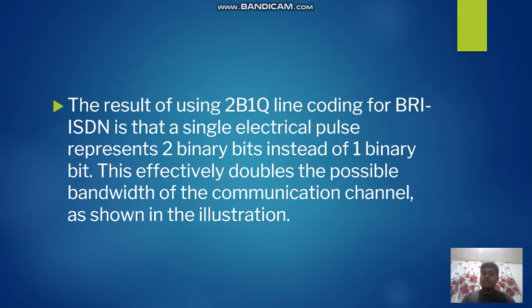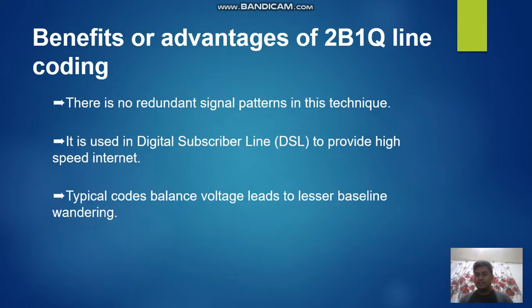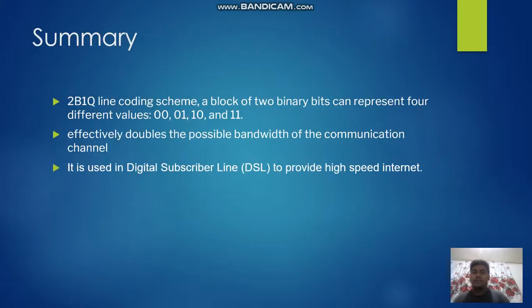This effectively doubles the possible bandwidth of the communication channel, as shown in the illustration. The benefits of 2B1Q line coding: there are no redundant signal patterns in this technique. It is used in digital subscriber line, DSL, to provide high-speed internet. Typical codes balance voltage, which leads to lesser baseline wandering.